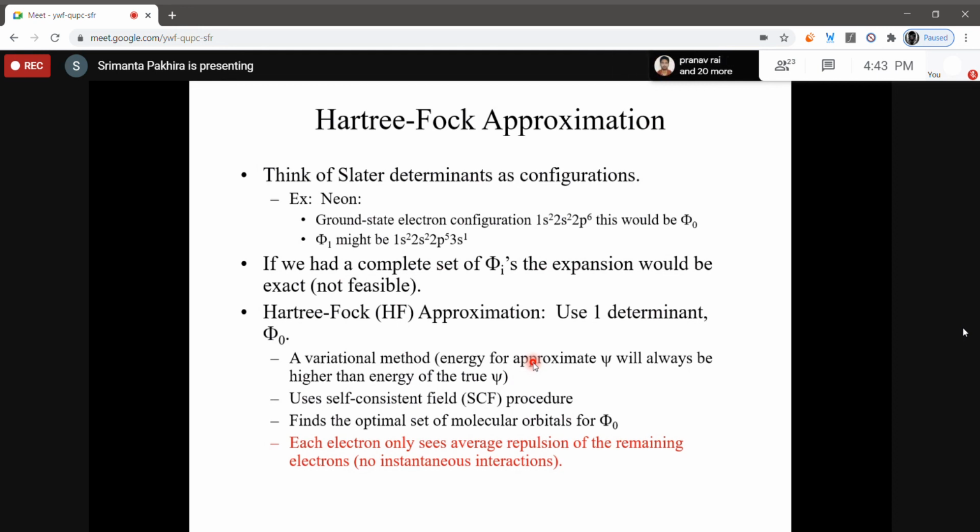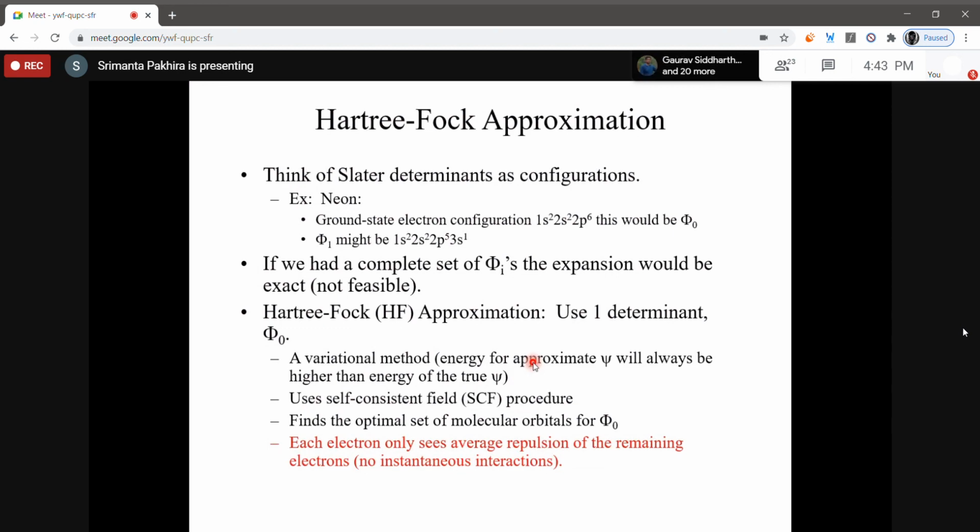Right now, let's see how to write down the electronic configuration for one example, the neon atom. The neon atom in its ground state has a total of 10 electrons. If we write down the electronic configuration using the s and p orbitals, it is 1s2, 2s2, 2p6.